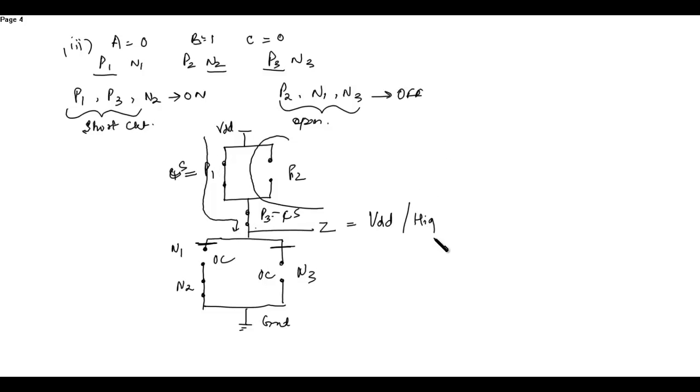VDD, or you can say this is the high voltage, or you can say it as 1. So when A is equal to 0, B is equal to 1 and C is equal to 0, the obtained output is 1. So this is also now satisfied, the third condition.